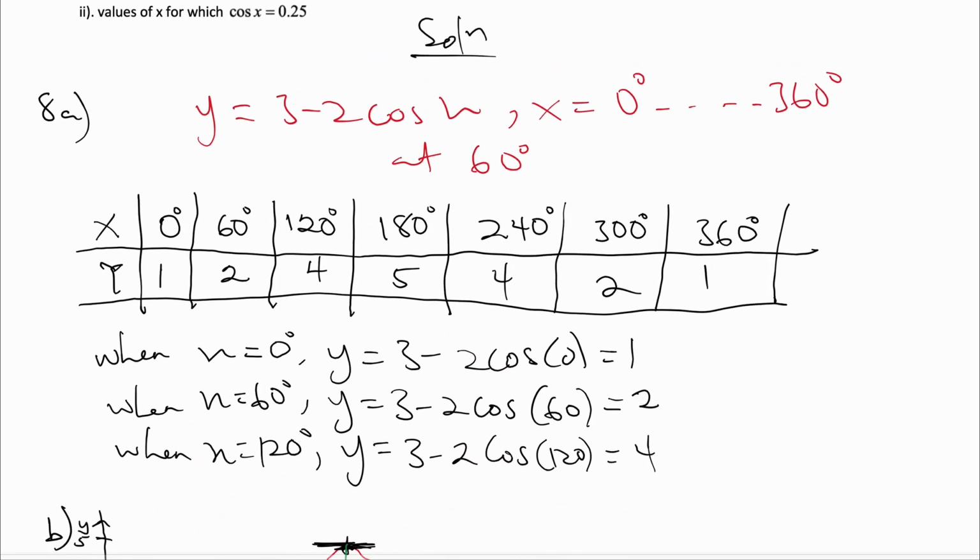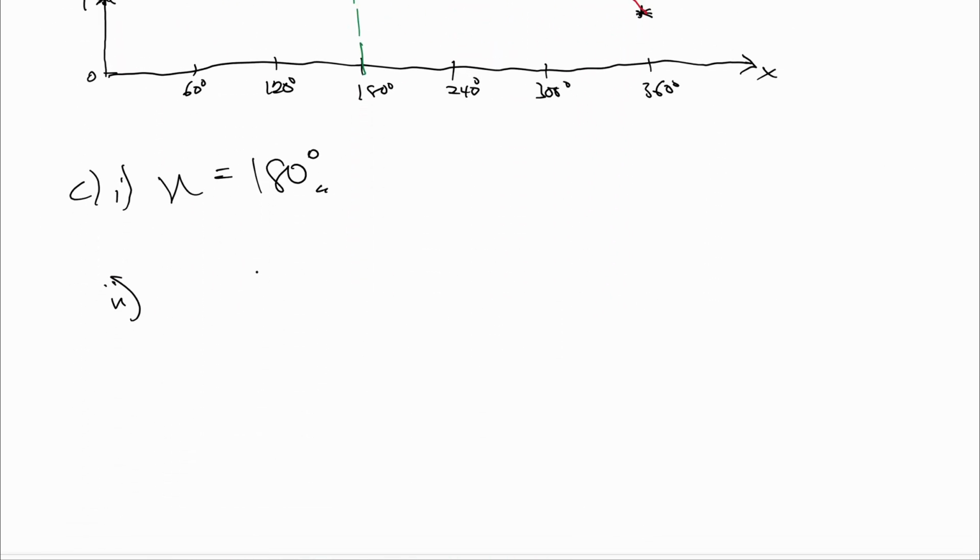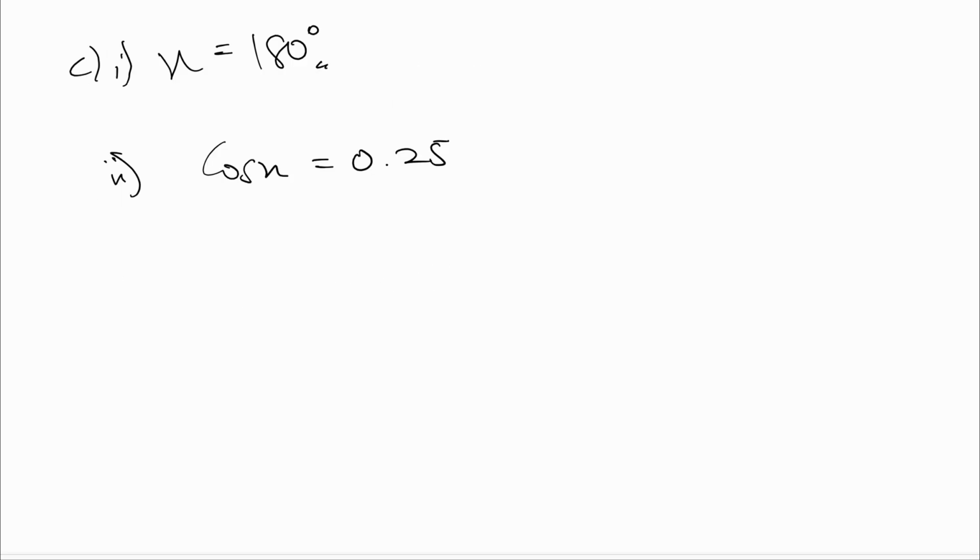C II. The value of x for which cos x is equal to 0.25. So we have cos x equal to 0.25. So we multiply by 2, we have 2 cos x is equal to 0.5. So we can equate this to 0.